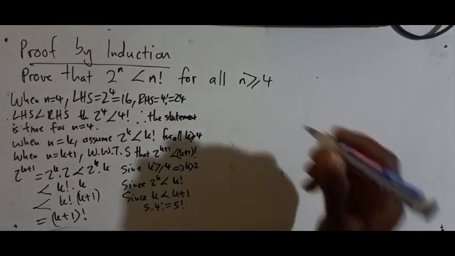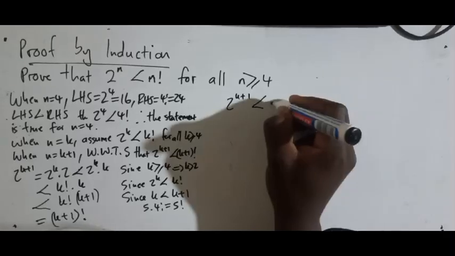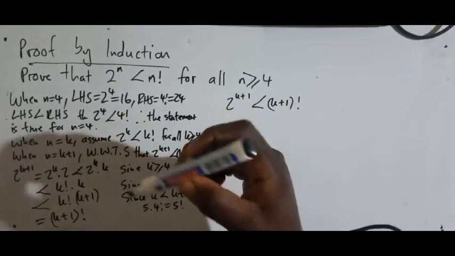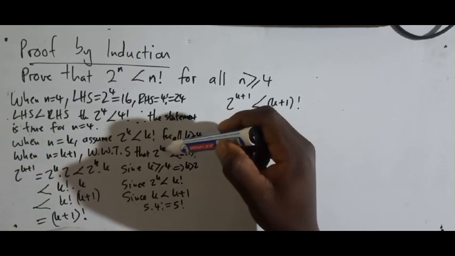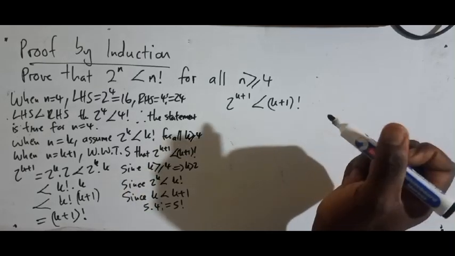So clearly, we have 2 to the power k plus 1 less than k plus 1 factorial. So we have managed to show that 2 to the power k plus 1 is less than k plus 1 factorial as desired.